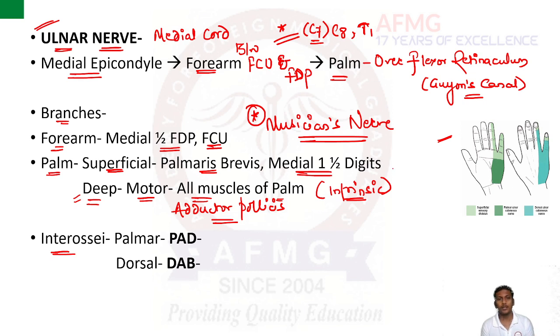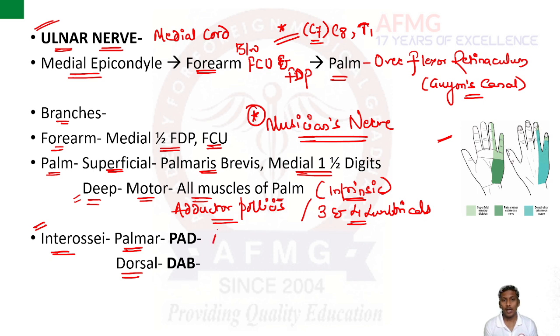Okay, so please remember, all the muscles of palm, all the intrinsic muscles of hand, adductor pollicis muscle, along with that the third and the fourth lumbricals, right? First and second were innervated by median nerve, whereas third and fourth lumbricals are innervated by your ulnar nerve. And ulnar nerve is also responsible for innervating interossei muscles. Okay, there are 4 palmar interossei and 4 dorsal interossei. Right?